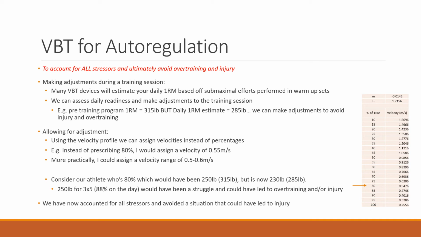So now consider our athlete who's 80%, which would have been 250 pounds, but is now 230 pounds. 250 pounds for 3x5, which on the day would have been 88%, would have been a real struggle and could have led to overtraining and/or injury. So we've now accounted for all stresses and avoided a situation that could have led to injury.